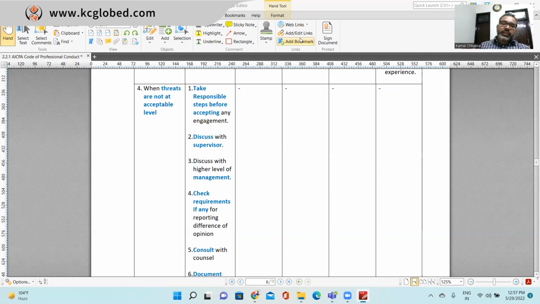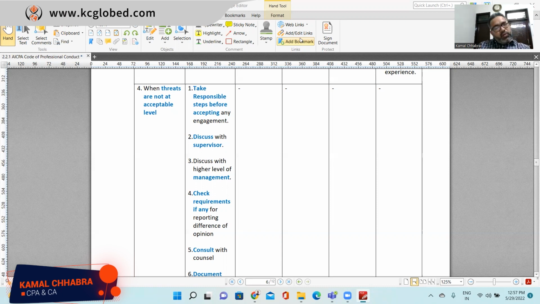Fourth is to check the requirement, if any, for reporting a difference of opinion. So if you see that an engagement is high risk on account of particular things, right? On account of any law, regulation, or industry.